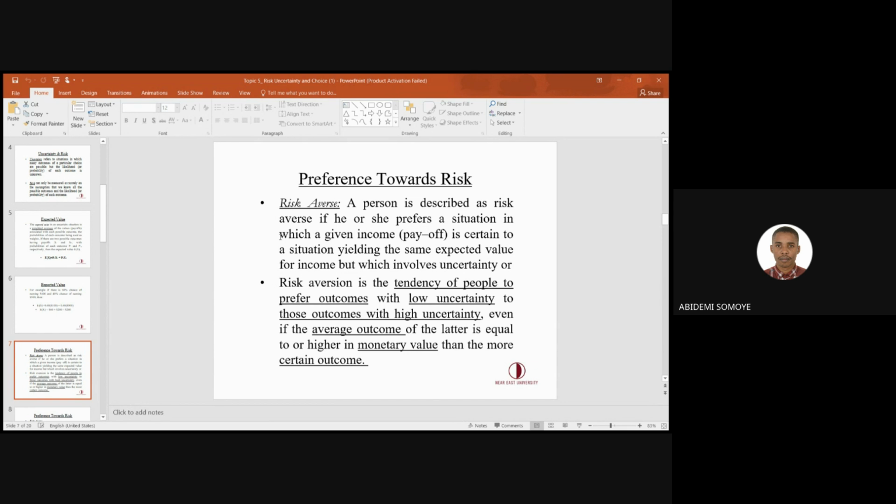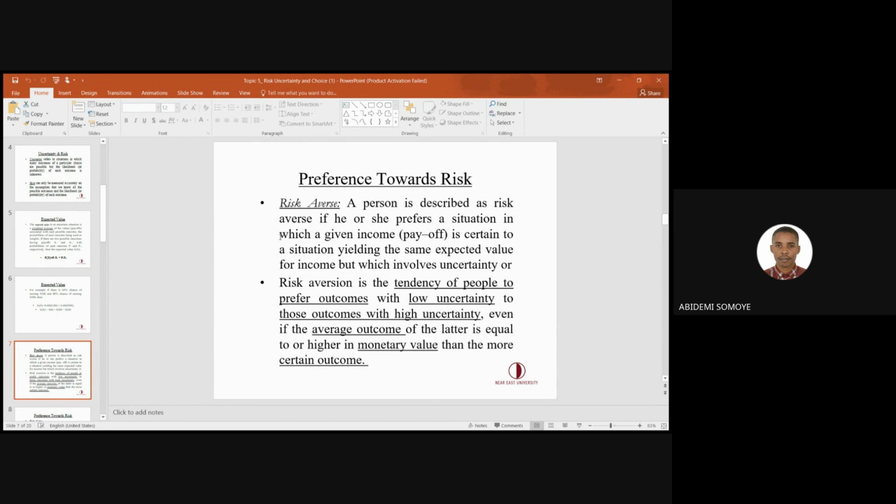Or risk aversion is a tendency of people to prefer outcomes with low uncertainty to those outcomes with high uncertainty, even if the average outcome of the latter is equal to or higher in monetary value than the more certain outcome.